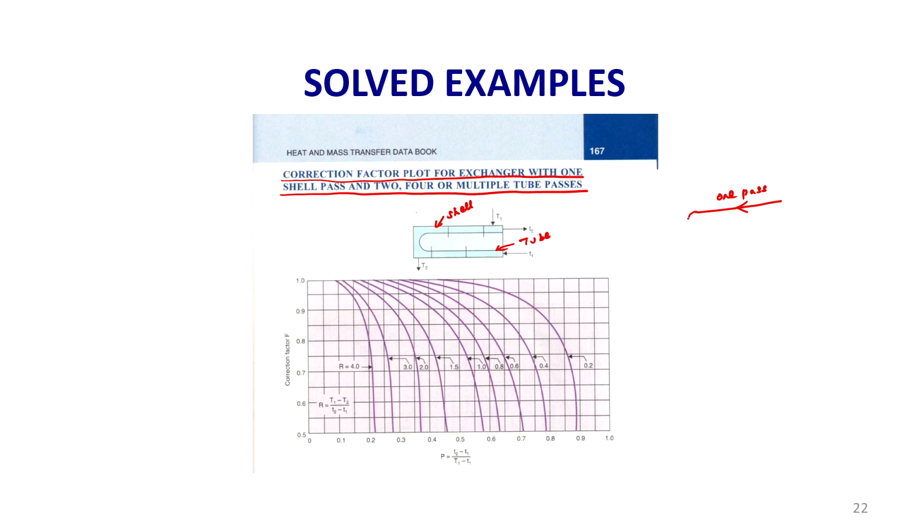If it comes like this and goes like this, that is 2 pass. Again if it turns, that will be the 3rd pass, and then again it will be 4 pass, always in even number.